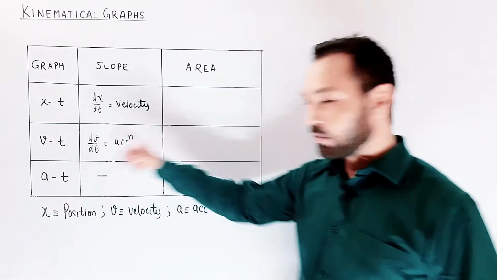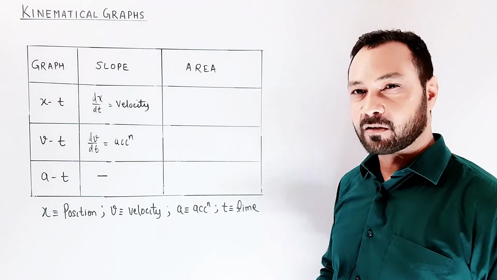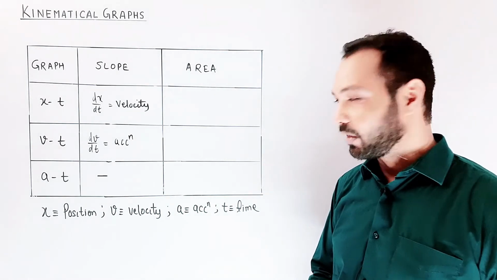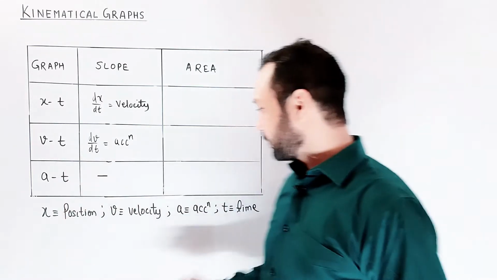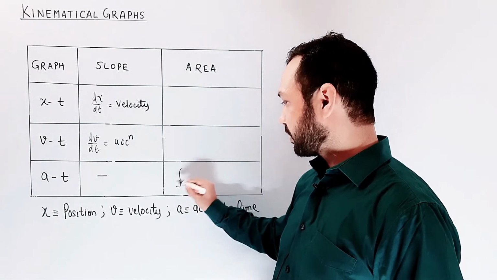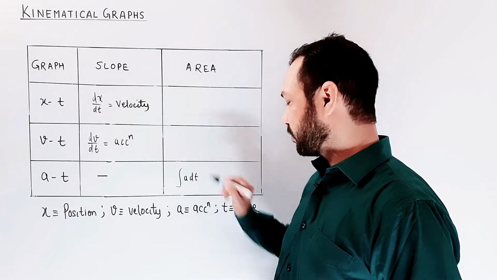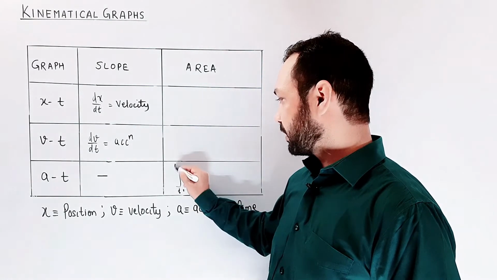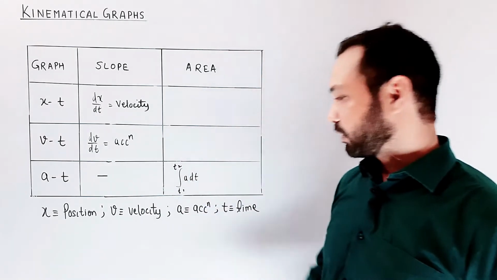And now the area under, let's start from here. Area bounded by acceleration and time axis, like the area bounded by y and x axis, that was the integration of y dx. So that will be the integration of a dt, and suppose we want this area between time t1 to t2, so that will be this thing. We will see the meaning of this thing.